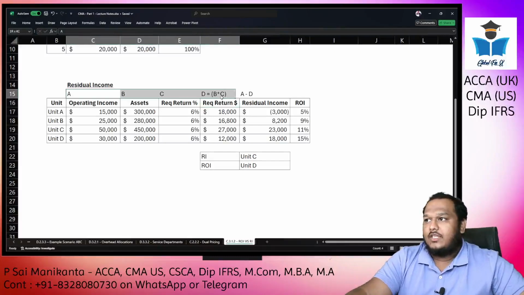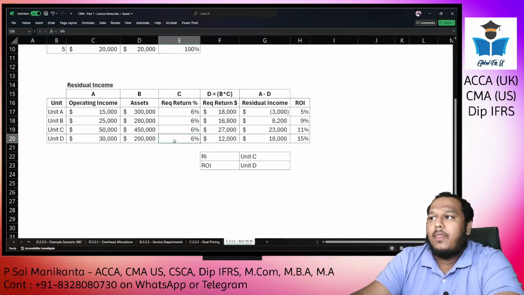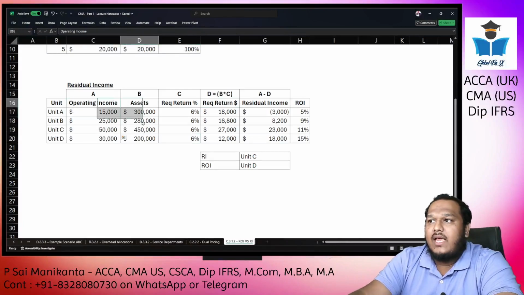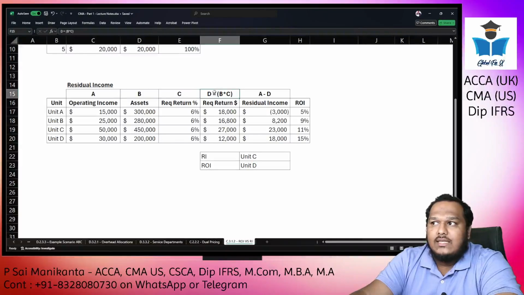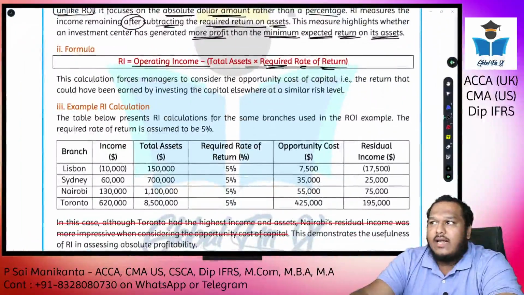Just in case someone is wondering, if I call these columns A, B, C and D, D is the required return, calculated as B into C, and then residual income is A minus D. That's what the formula is here. Total assets into required rate of return is subtracted from the operating income.